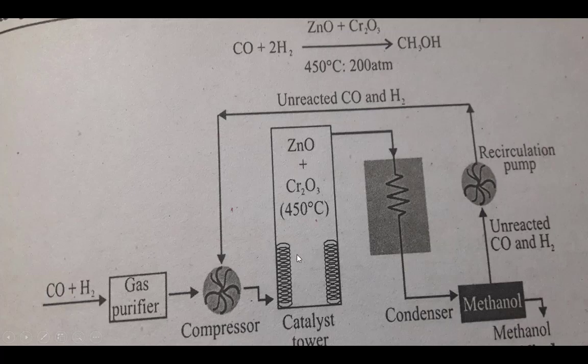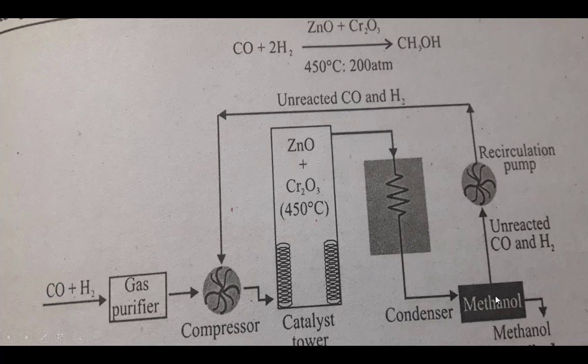Then these vapors are sent to a condenser to get methanol. These vapors are condensed within a condenser and then sent to the collecting chamber where methanol is collected in the form of liquid.